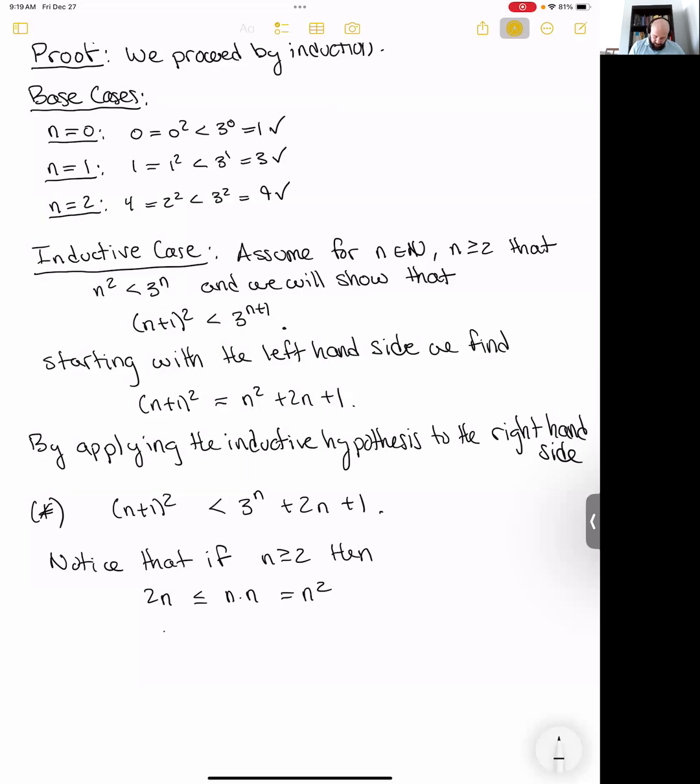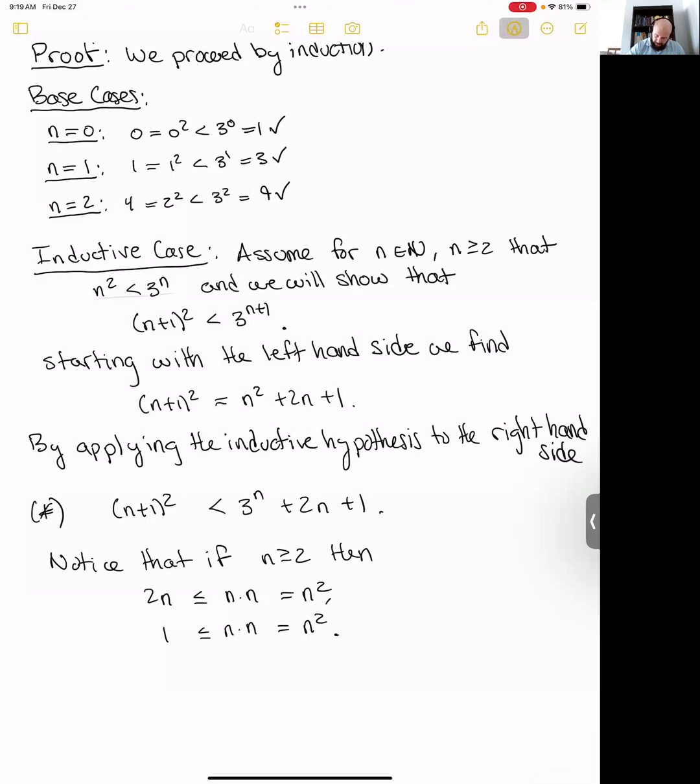And if we start with 1, well, 1 is less than n, because n is bigger than or equal to 2. And so it's also less than if you multiply it twice. So that's good to go. Okay, so we actually do give a proof of this. We don't need induction for that because there's a way of proving the inequality without induction.